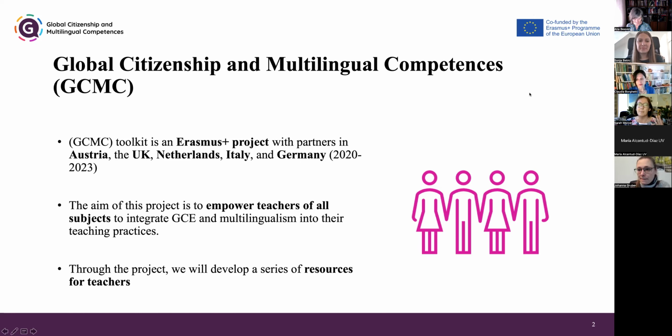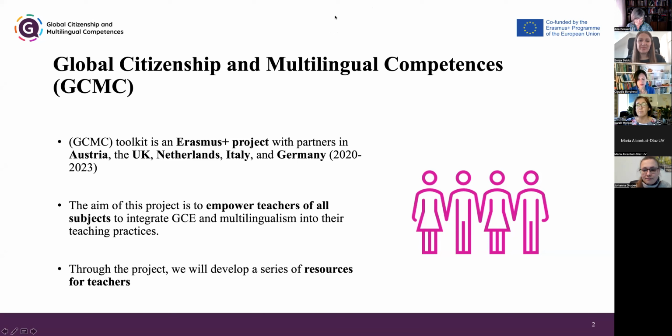Language teachers are a little bit privileged in the sense that we're used to discussing issues of multilingualism, and in various curricula across the globe, the notion of global citizenship is tied closely to foreign language teaching for many people anyway. So the project has got a number of aims.